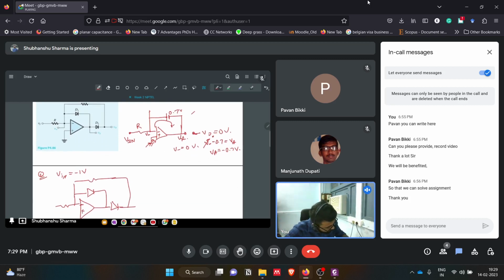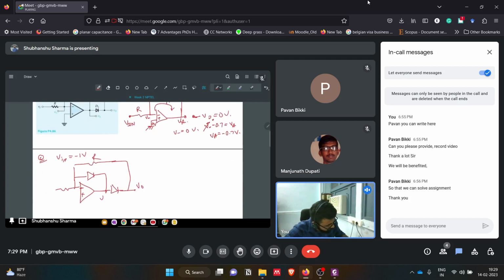So this is the circuit. We have V naught here, we have VA here, and this is V minus, this is R, this is Vi. This was the circuit. Now we have to analyze how this diode will behave. Again, we gave a negative voltage on the inverting side of the op amp, and this is 0 volts.